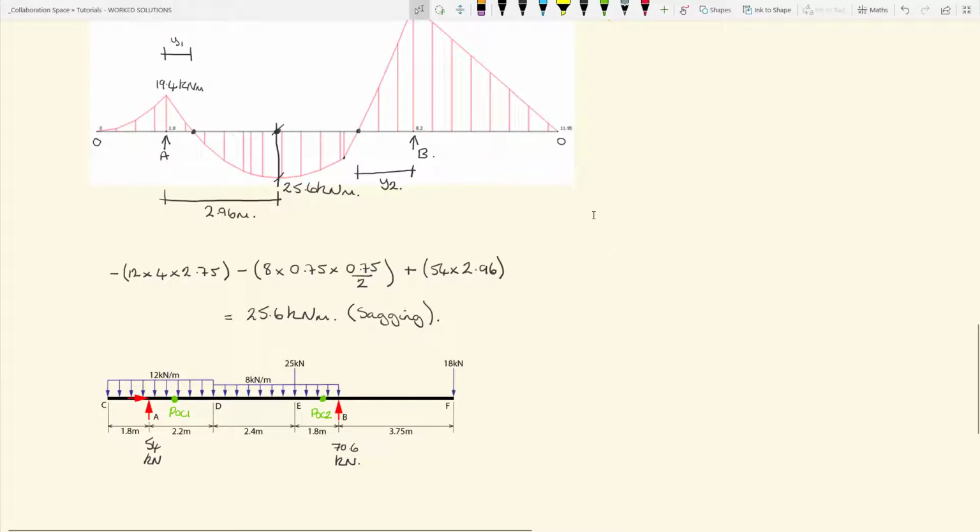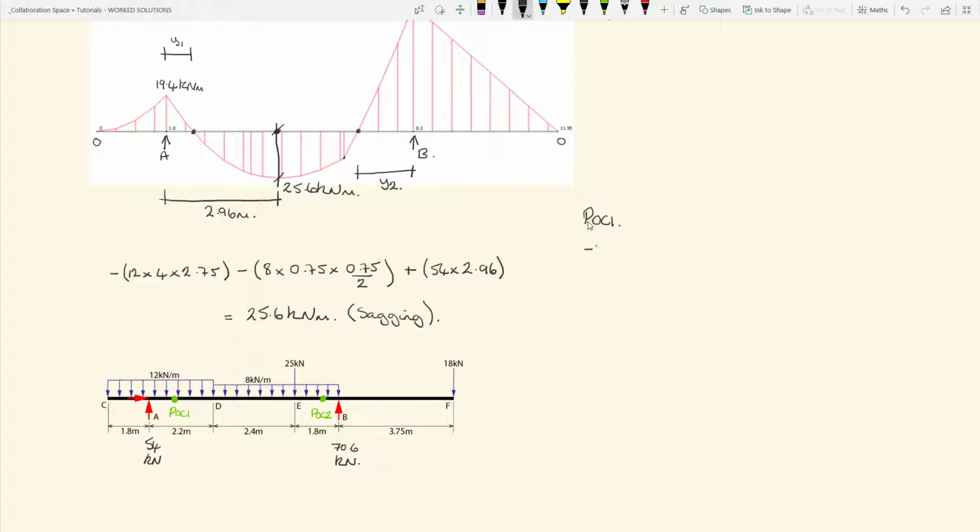So for POC1, point of contraflexure 1. As I said earlier on, we have to formulate a quadratic by taking moments about the point of contraflexure. So we'll consider first of all the UD load.